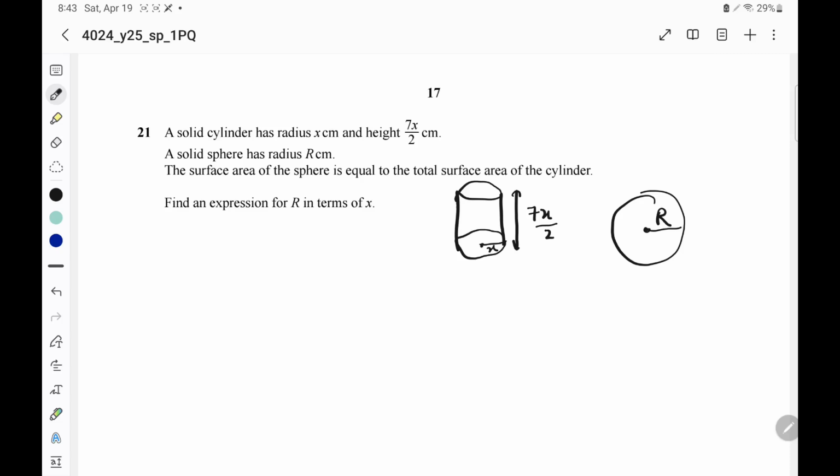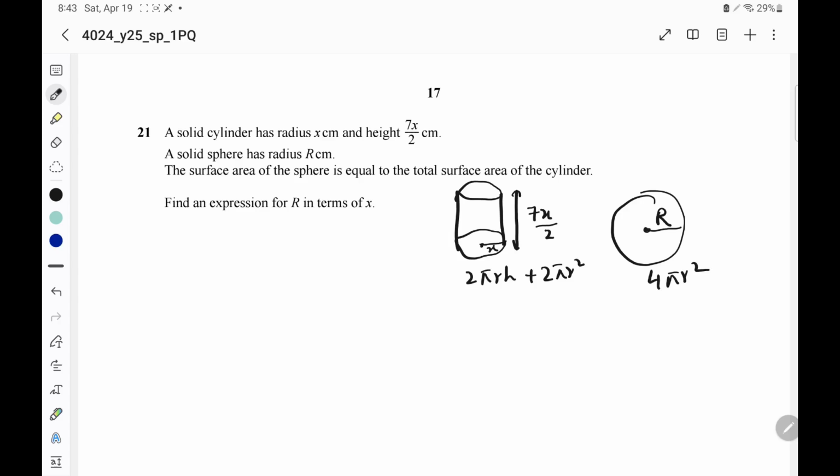Total surface area is equal to 2 pi r h plus 2 circles, 2 pi r square. 2 pi r h is the curved surface area of the cylinder, and we know that 4 pi r square is the surface area of the sphere.